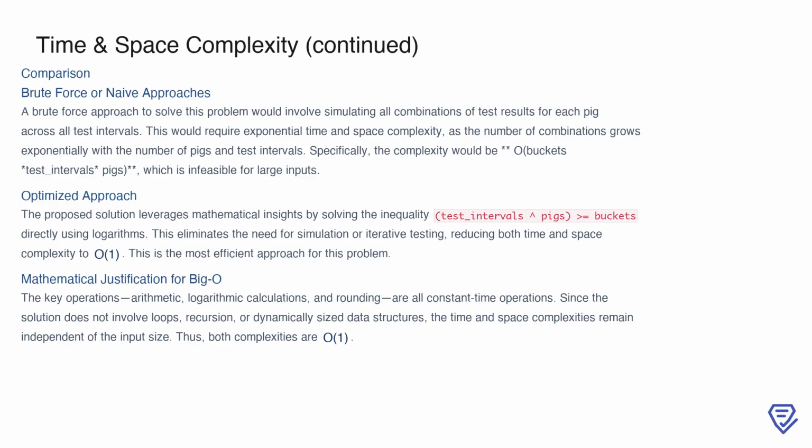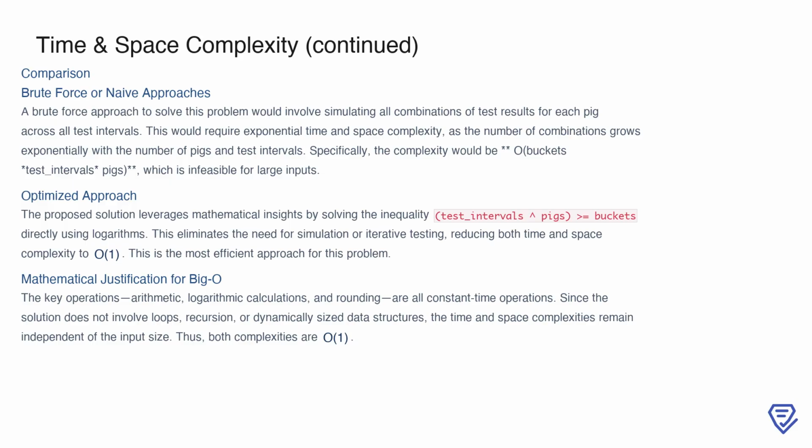When comparing this optimized solution to brute force approaches, the efficiency becomes even clearer. A naive approach to solving this problem would involve simulating all possible combinations of test outcomes for each pig across all test intervals. This kind of simulation would result in exponential complexity both in time and space. Specifically, the complexity would be O(buckets * test_intervals^pigs), which becomes computationally infeasible for large inputs.